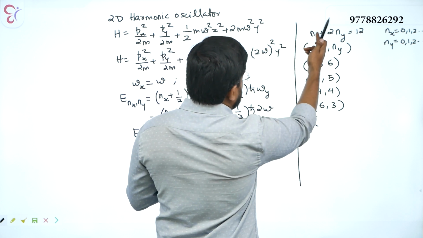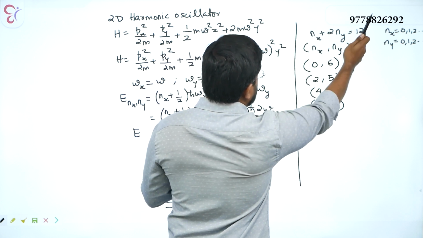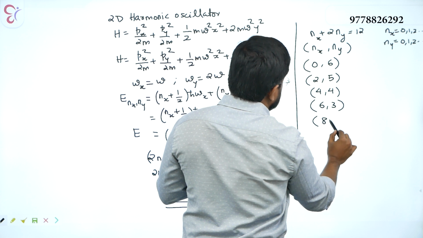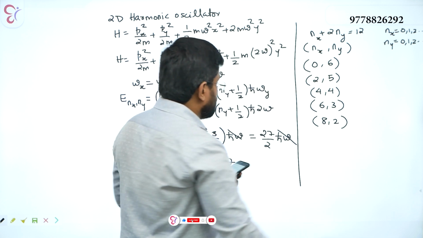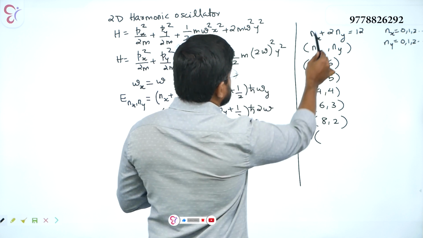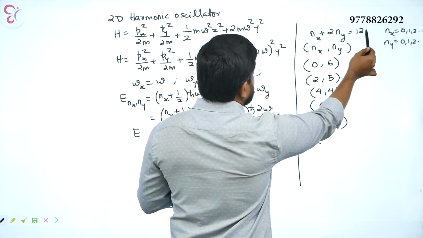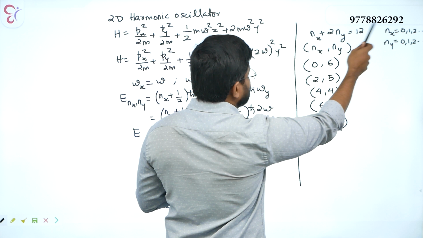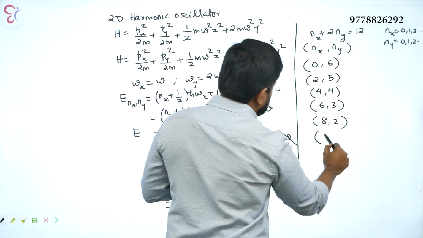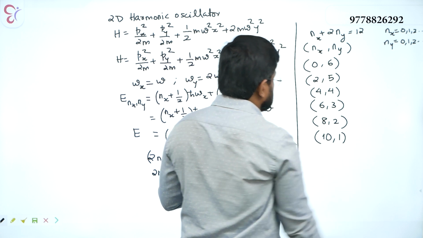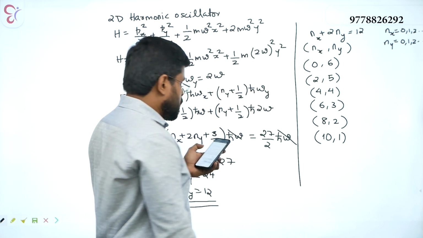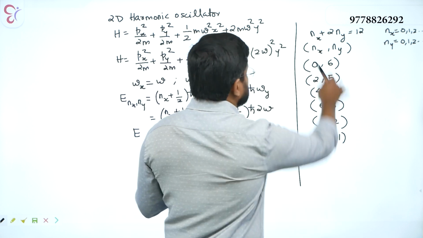If you substitute 8, then 8, 2 will be another level, isn't it? And next, if you substitute 9, 12 minus 9 is 3, 3 by 2 can't be. If you substitute next 10, then 10 and 1 will be another level. And if you substitute 11, no.